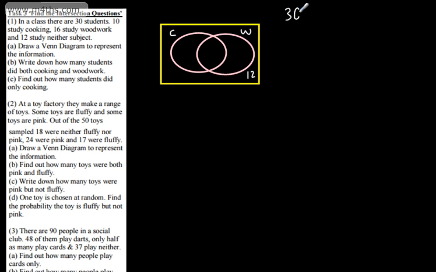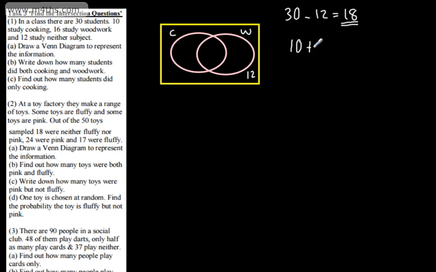Now if we just consider we've got 30 students to fit in here. 30 minus 12 is equal to 18. So across these 3 sections, this section, this section and this section, we've got space for 18 people. If we look though, it looks like we've got 10 doing cooking and we've got 16 doing woodwork.